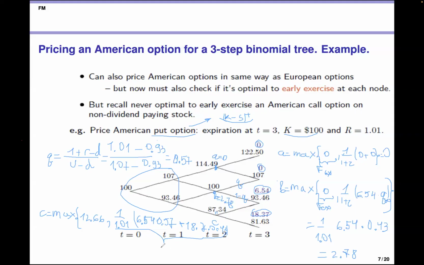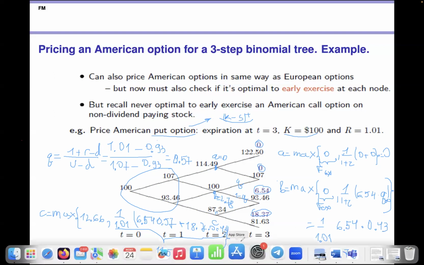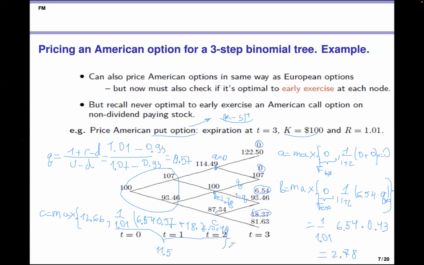I have 11.5. Okay, so the holder of this option can decide what is better. He should choose what from these values? The first one, the exercise. Okay, thank you. So we know for C the value is 12.63.